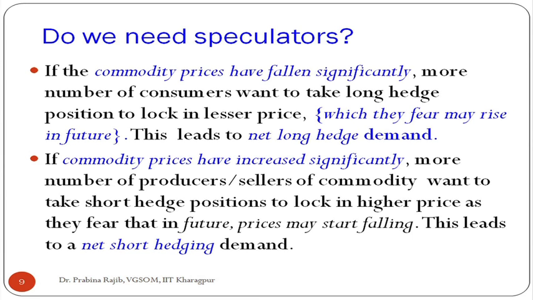It has gone up very high, and producers and sellers of the commodity would like to lock in this high price by entering into a short futures contract. At that point of time, they may not get enough hedgers as counterparty. So who fills in at this point of time? Speculators who are willing to take a risk for getting a benefit.